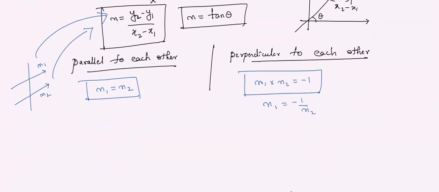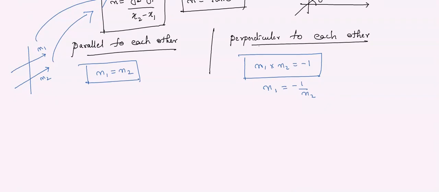And remember, we have the equation of a line. What is the equation of a line? It is also called the intercept equation of a line.